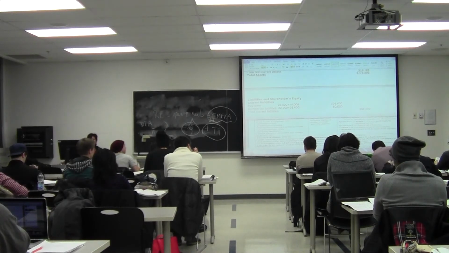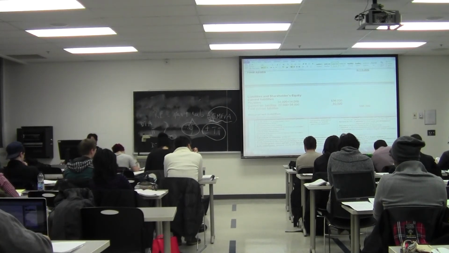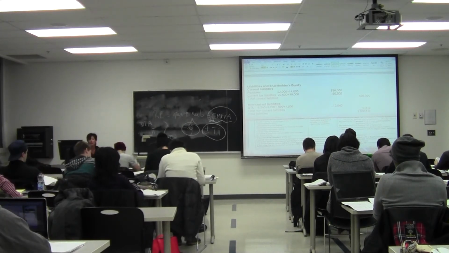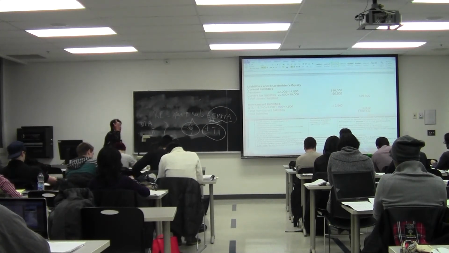Payables, mine plus yours. Current tax liability, mine plus yours. Non-current liabilities, your DTL, mine plus yours plus 900. What's the 900?